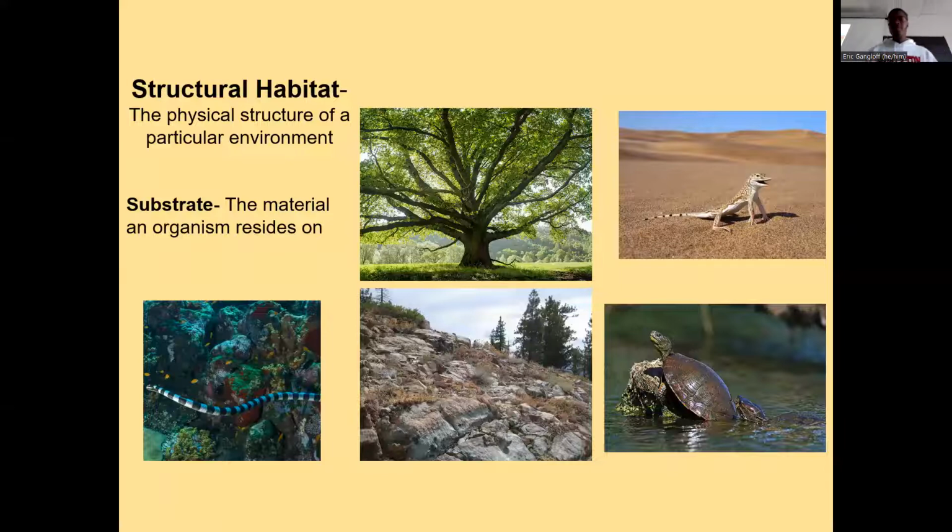So structural habitat is really the main determinant of how these organisms perform in their environment, and really determines if an environment is good or not for an organism to live in.